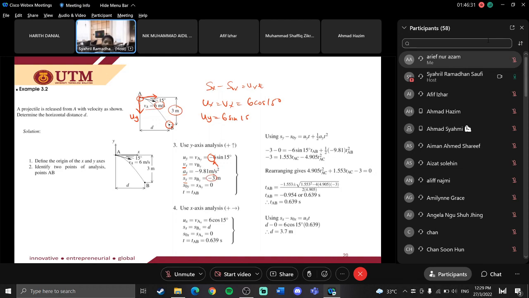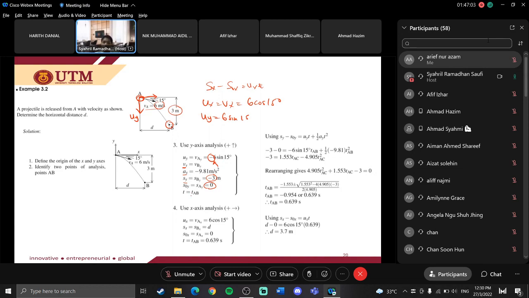Because point B is lower than point A. If point B is above point A, then it is positive. If point B is below the reference point, then you need to put negative. Okay, so S naught Y: since this is our reference point, we put S naught Y equal to 0.